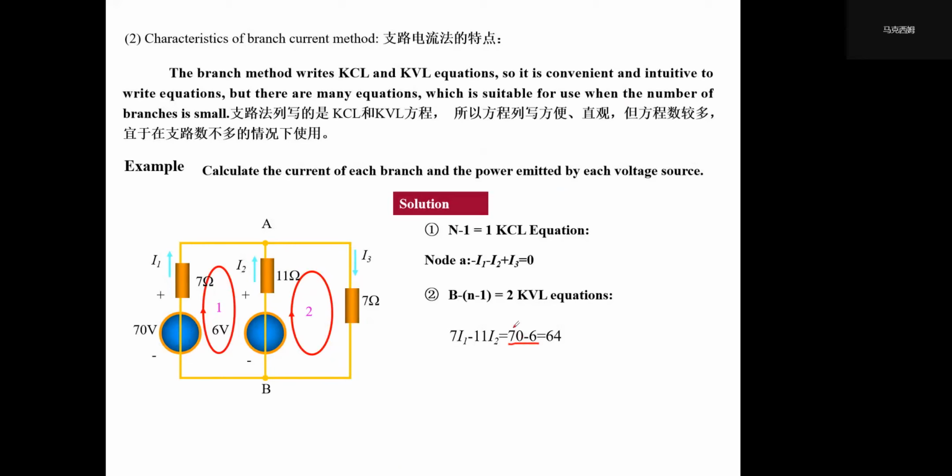So if we take the 70 volt voltage source as positive, then the 6 volt voltage source must act as a negative source. And similarly, we can write the equations on loop 2, and we also know that the voltage U equals US.